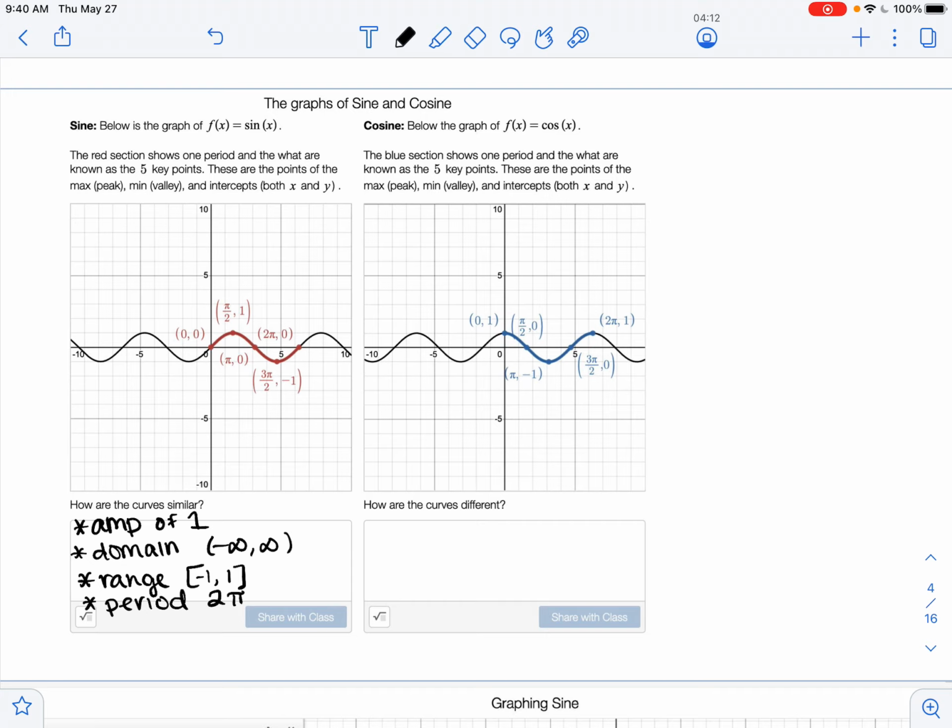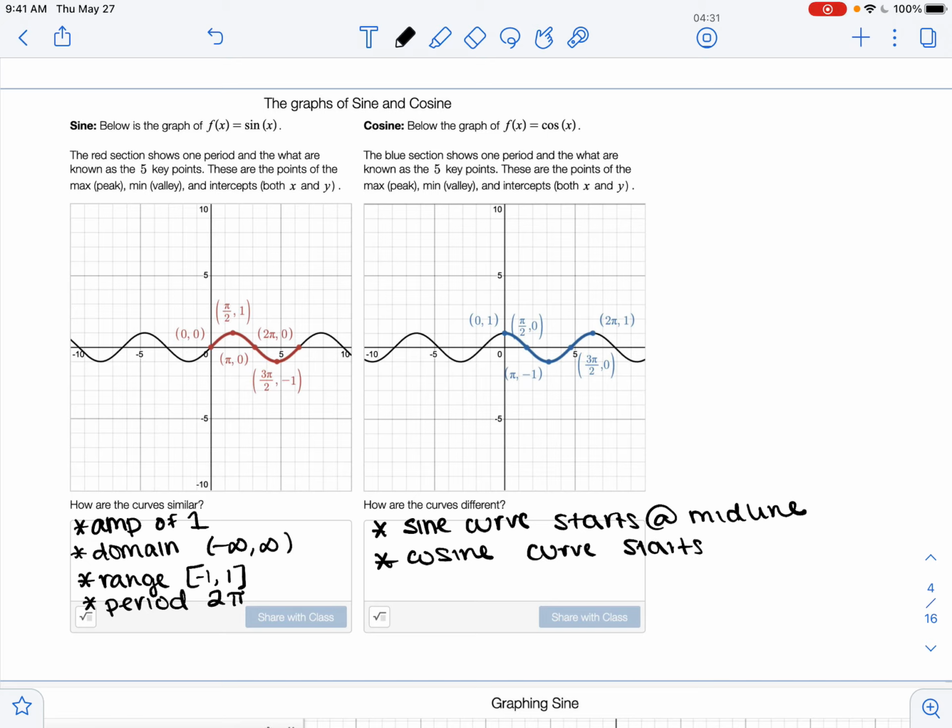The difference that I notice and that I want us to focus on is that our sine curve starts at the midline and our cosine curve starts at the max. When I'm thinking about starting, I'm thinking about when our angle is 0.